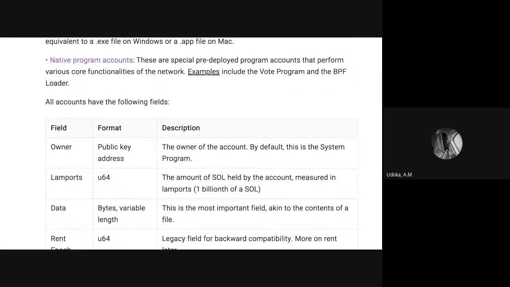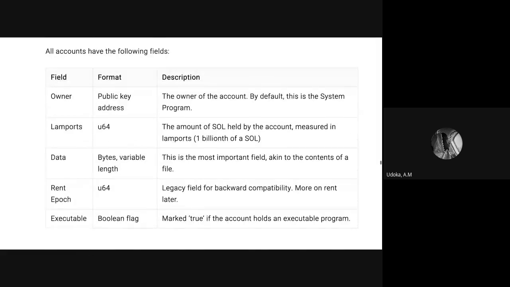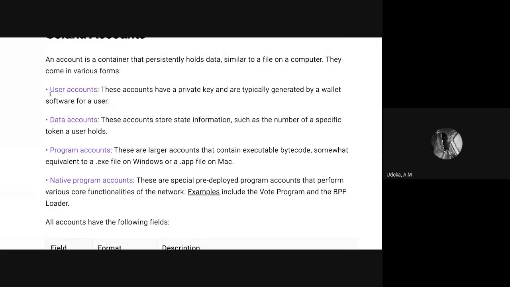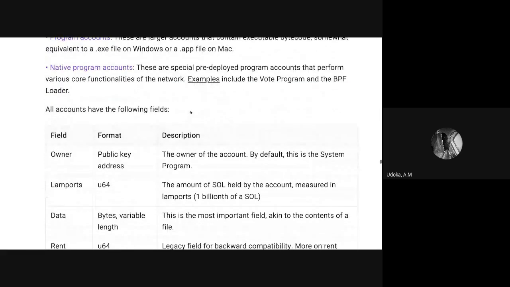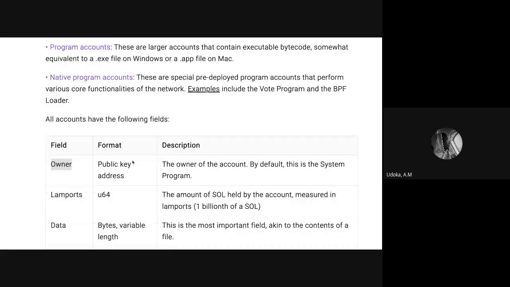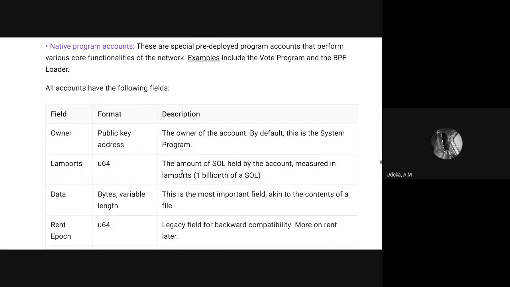Now this is for the first type of accounts that I spoke of earlier. This particular user account would have the owner in the field, and then we have a format, that is, how you address or access it, which is a public key address, and then the owner of the account. All right.